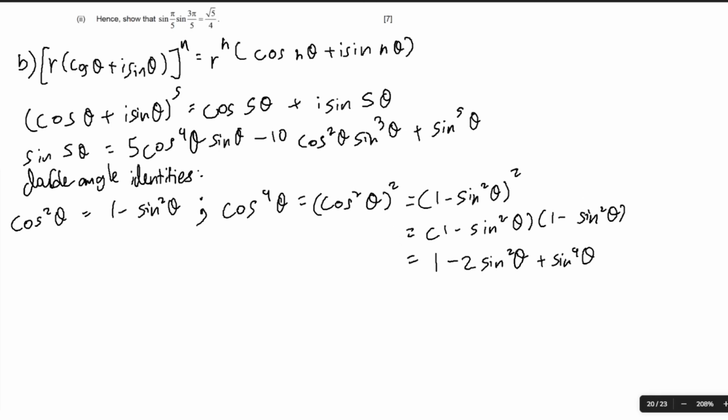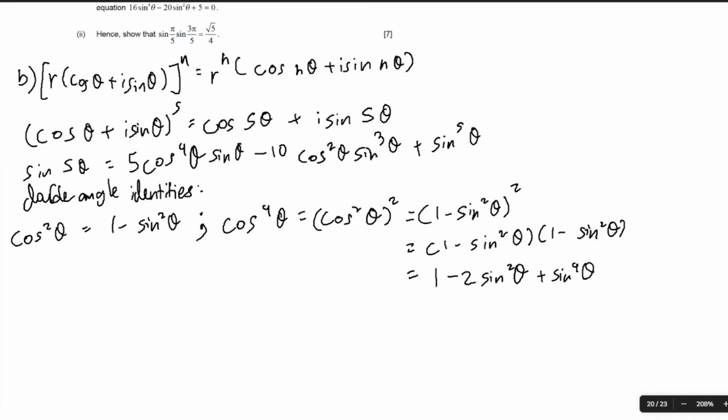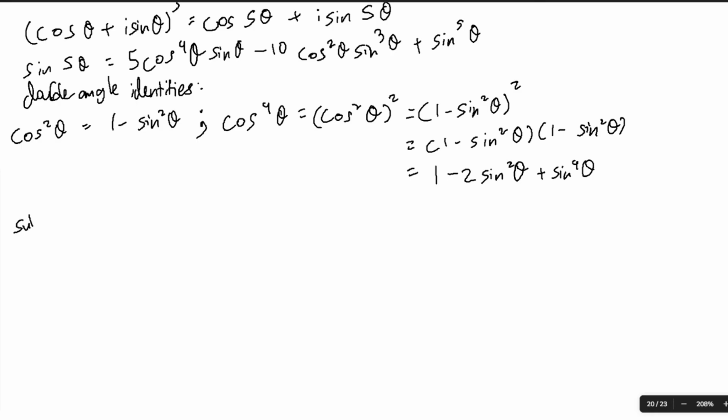All right, and from there, we can start to just substitute our values of cos^4 theta and cos squared theta into this equation right here. All right, so we would have sine, let's move it to here.